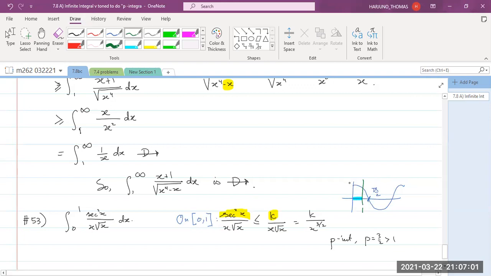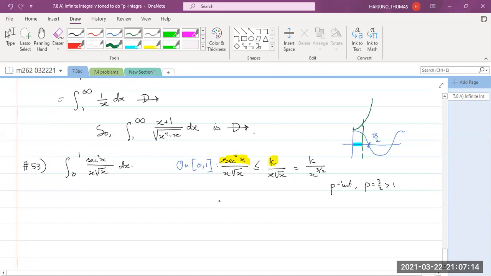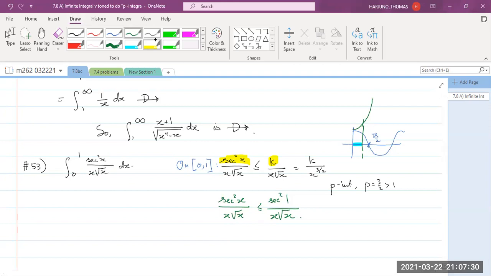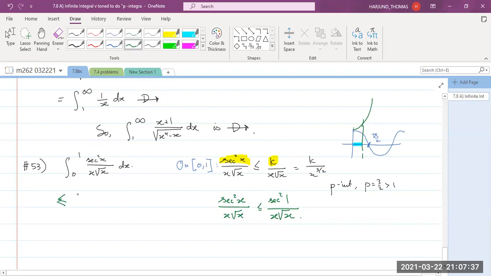Secant, however, will look like this, right? In other words, I can use secant 1 as the upper bound of that. Secant squared 1 over x square root of x. So this is bounded above by the integral from 0 to 1 of secant squared 1 over x square root of x dx.